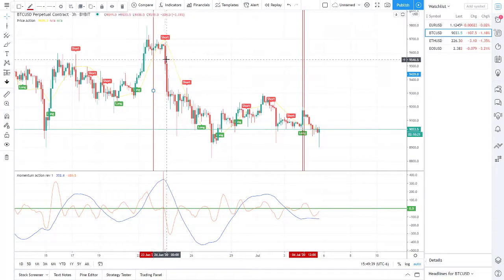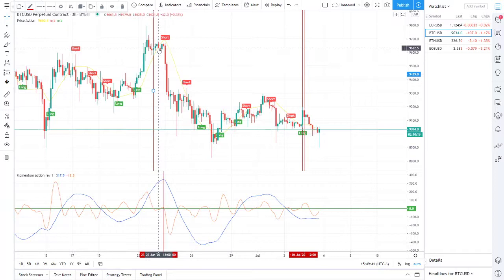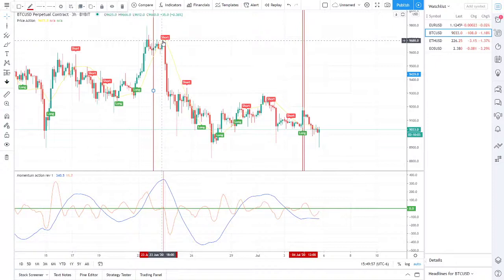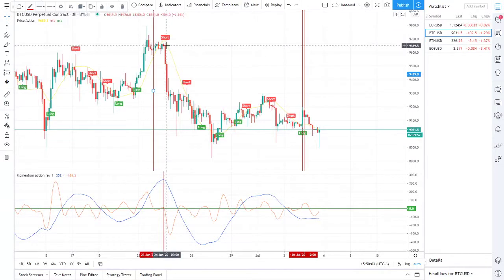So once you see that the price is breaking the indicator, but the line of the indicator is still going sharply high, you might wait 1-2 bars until you enter, until you see that the indicator curve is going down. So you need to see it curving down, you need to see it breaking down.